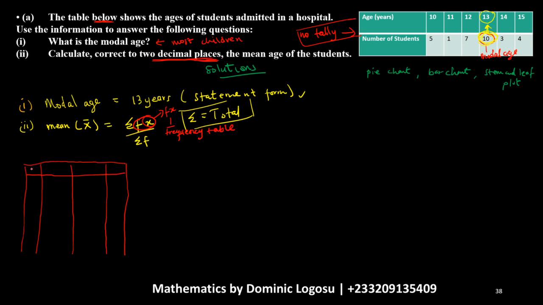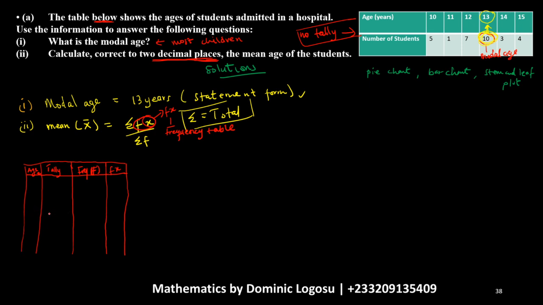So this will be our age, which is x. And then this will be our tally. Technically this is supposed to be our tally, but let me do the tally, and then we have our frequency, which is f, and then we have fx.